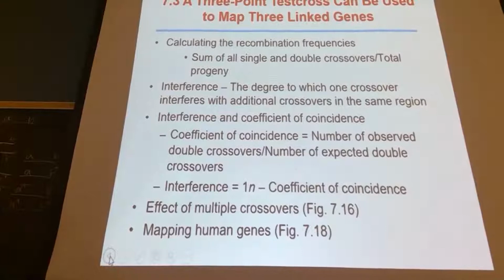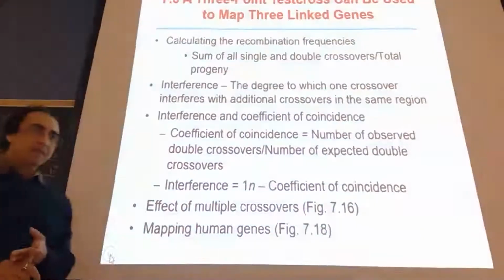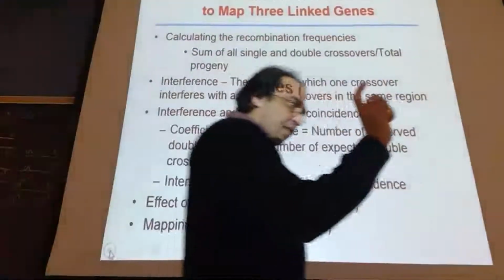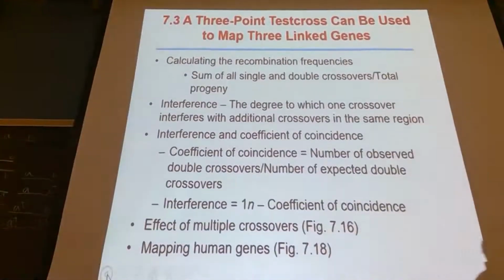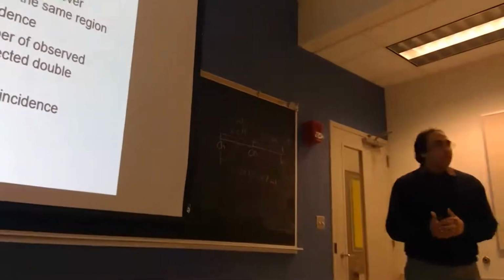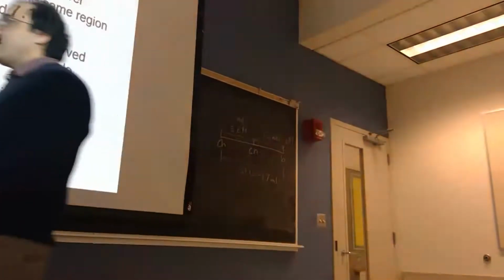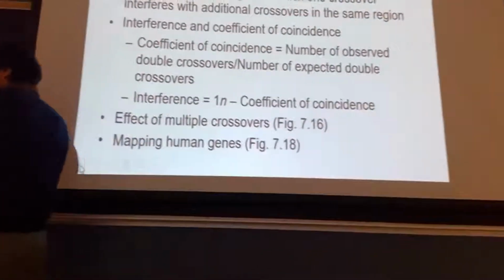The degree to which one crossover interferes with an additional crossover in the same region. So the chance is that sometimes if they are very close, then they will not have too many crossovers. If there is one crossover, it will interfere with the other crossovers as well. Okay? So that is called interference.